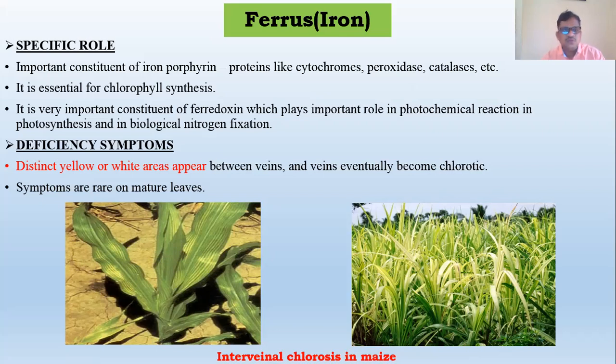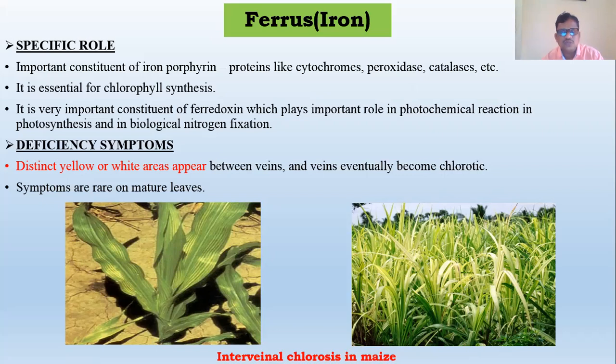Then moving on to the deficiency symptoms. First of all, distinct yellow or white areas appear between veins, and the areas between veins eventually become chlorotic.